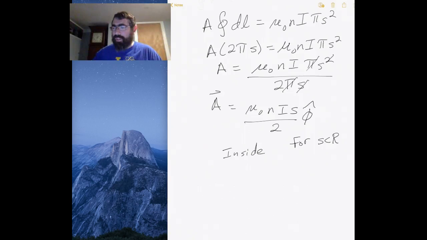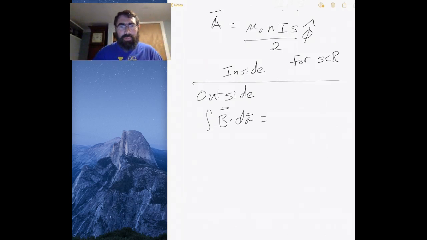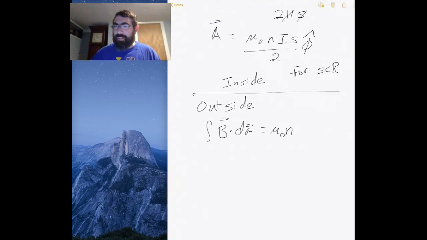If you look at what's going on the outside, then what we have is the flux is mu 0 N, the current I, times the area, which is pi R squared. So basically the largest the area can be is pi R squared, where capital R is the radius of the solenoid.